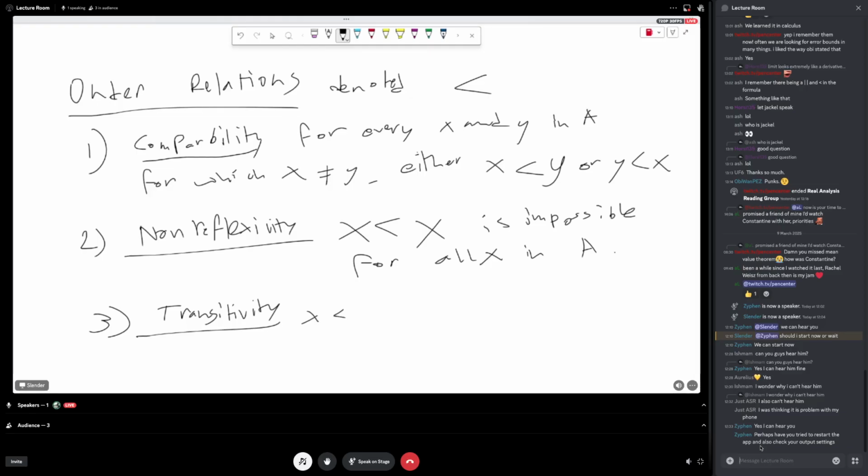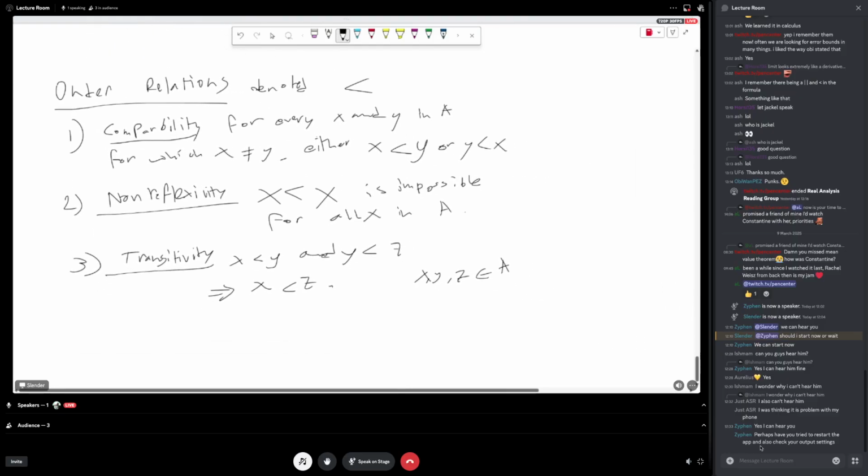So x less than y and y less than z implies x less than z for all x, y, z in A. So that's an order relation.